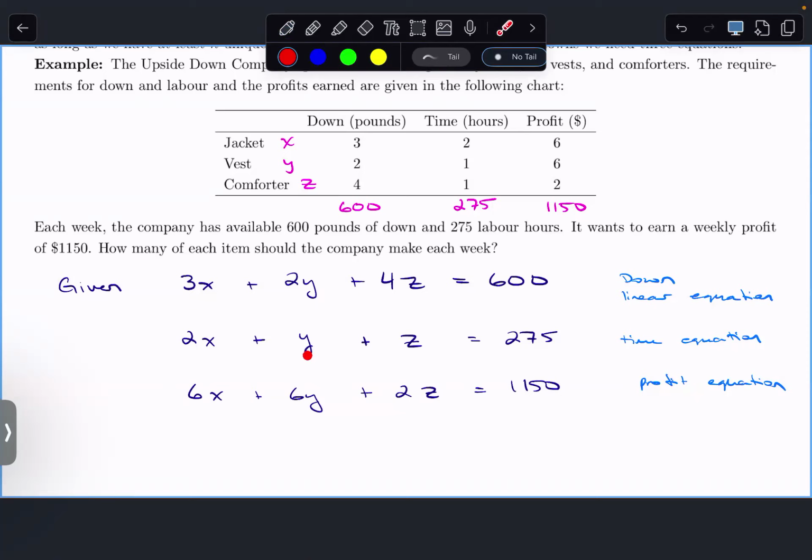I'm drawn towards either Y or Z in this second equation. It is helpful if you label these equations 1, 2, 3, for example. If you solve for Z in the second equation, then you have Z equals 275 minus 2x minus y. All of a sudden, you just have something in terms of x and y.